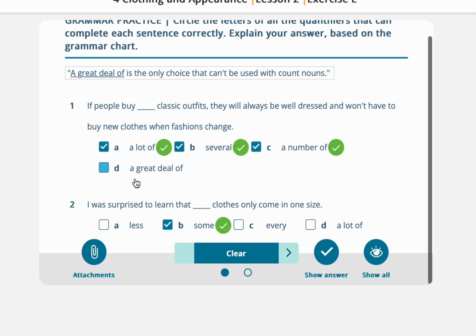In this case, this is not possible because it cannot be used with that one. Then we have, I was surprised to learn that a lot of clothes, we cannot use every. Remember that every is for singular countable nouns.